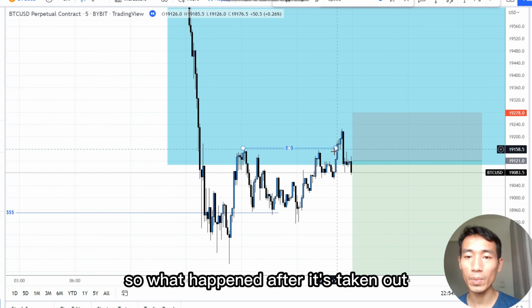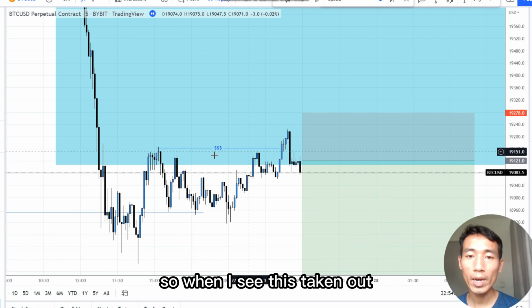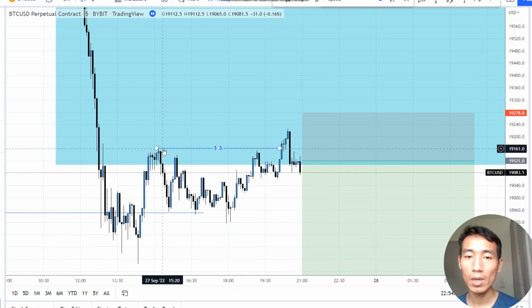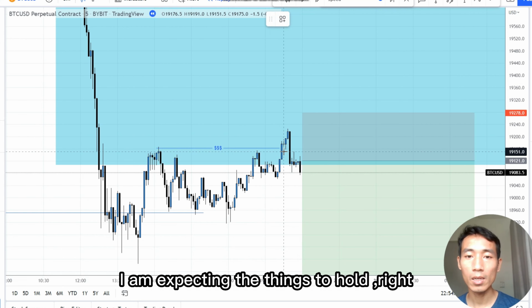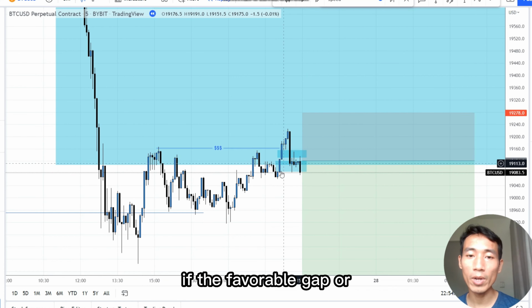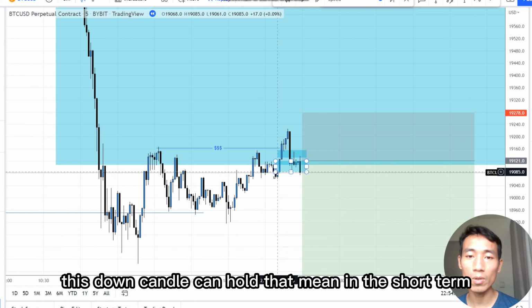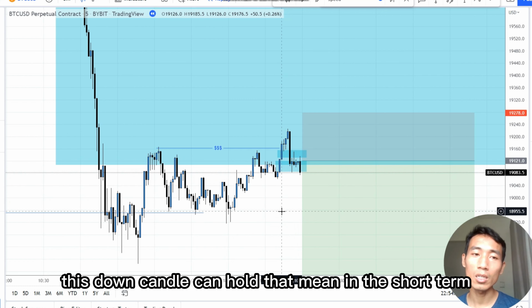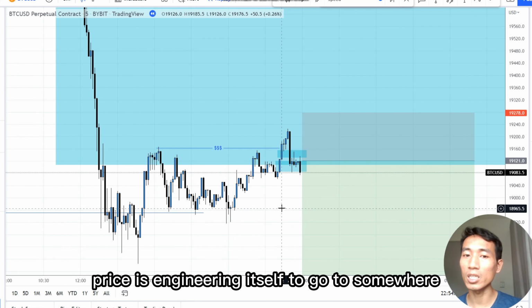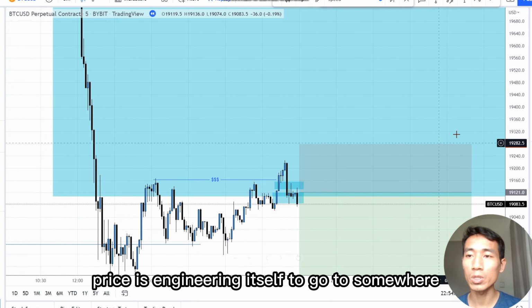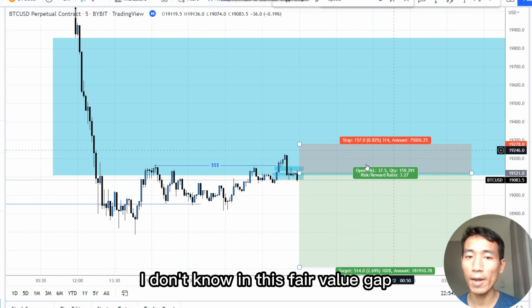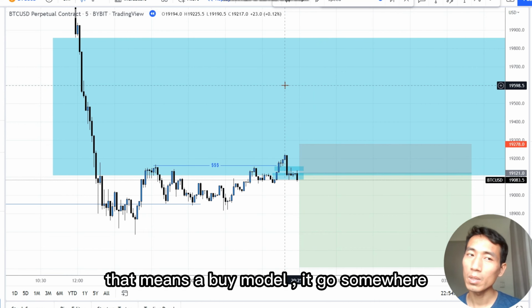So what happened after it was taken out? When I see this taken out, I am expecting things to hold, right? If the fair value gap or this down candle can hold, that means in the short term price is engineering itself to go somewhere, I don't know, into the fair value gap. Does it mean a buy model?